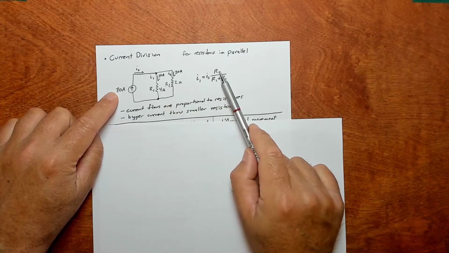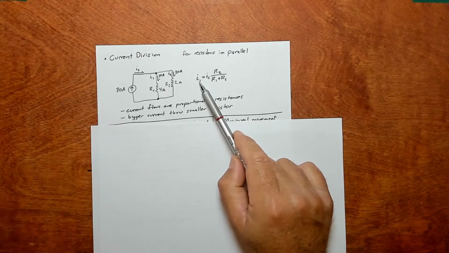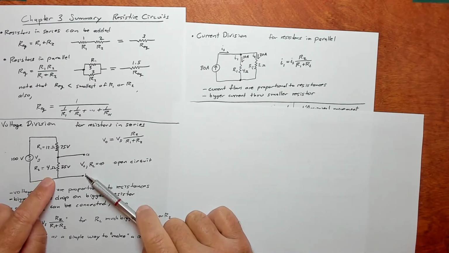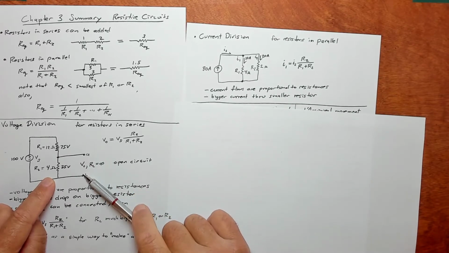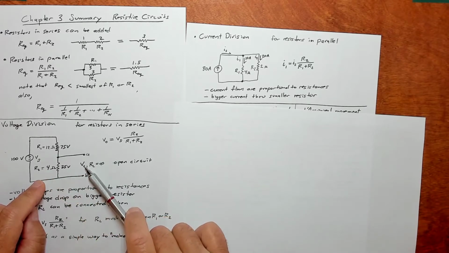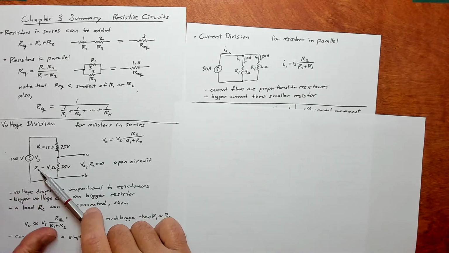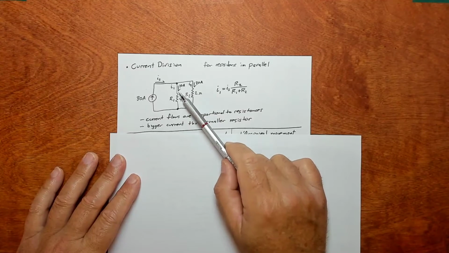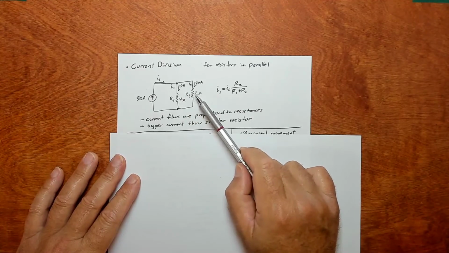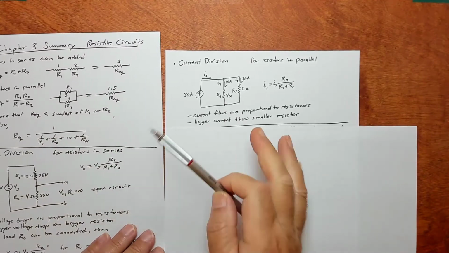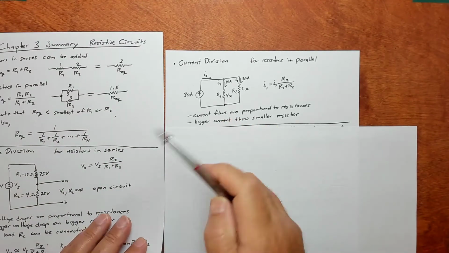That is, we put R2 on top to find I1, which is kind of the opposite of what we do in voltage division, where we're finding this V0, we put R2. So you put the adjacent resistor to find a given voltage. You put the resistor that's right there, the adjacent resistor. But to find a current, like to find this current, you put the opposite resistor on there. Okay, so voltage division and current division are analogs of each other.